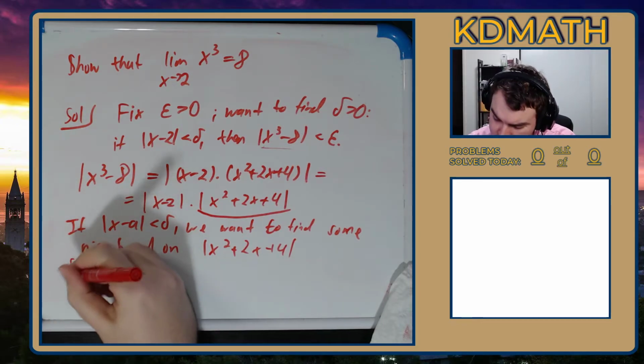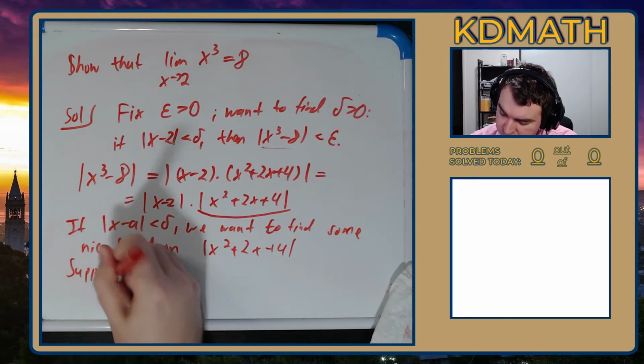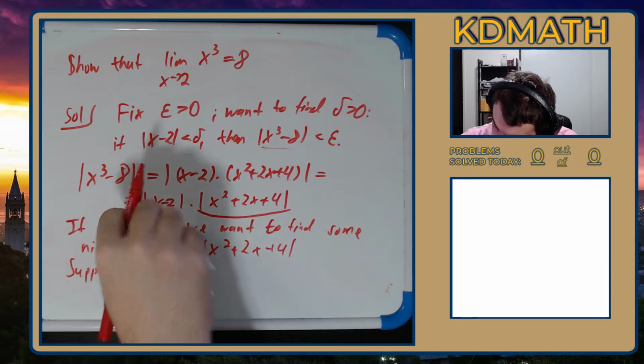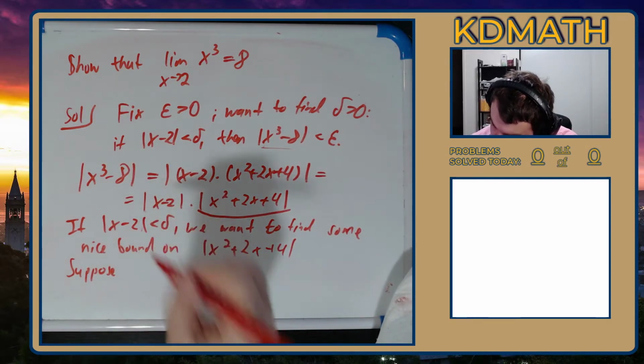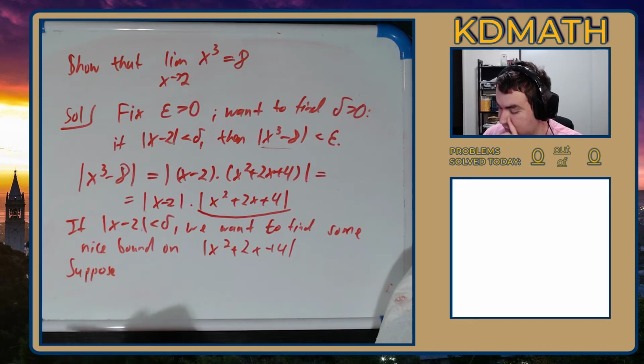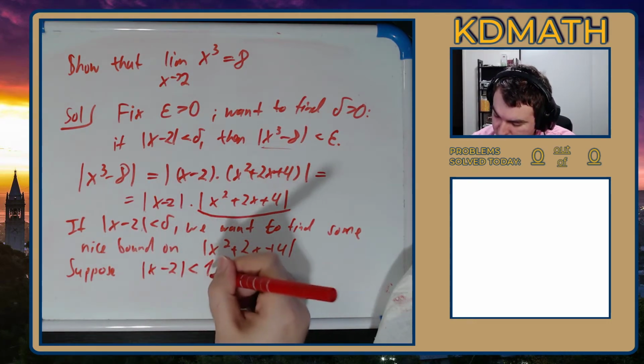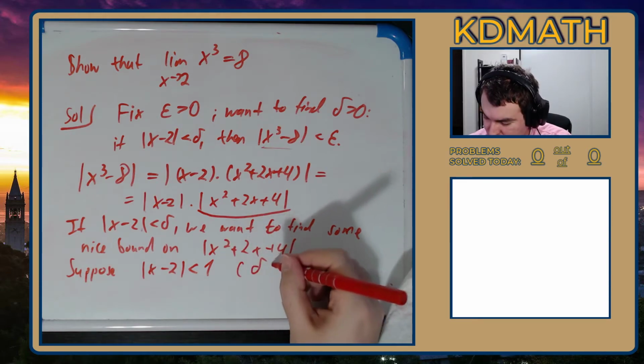I would say suppose, and this is not an a, this is a 2, so if absolute value of x minus 2 was less than delta, then we want to find a good bound for this. Well, suppose that absolute value of x minus 2 was less than 1. In other words, delta less than or equal to 1.